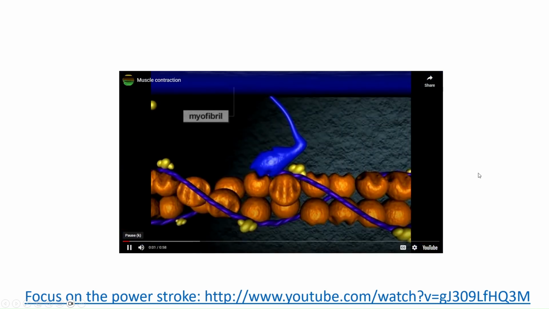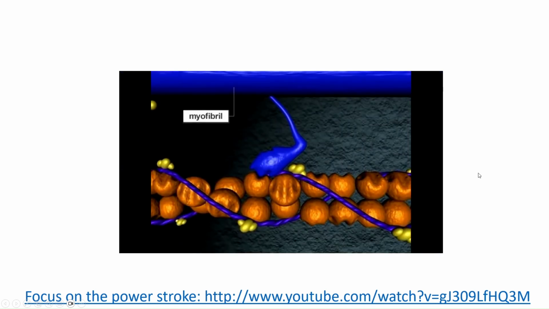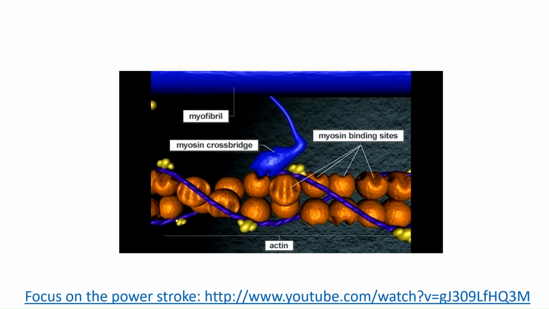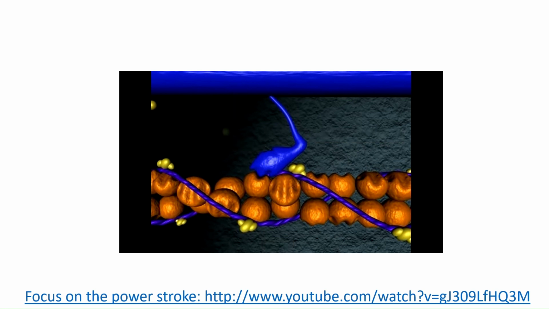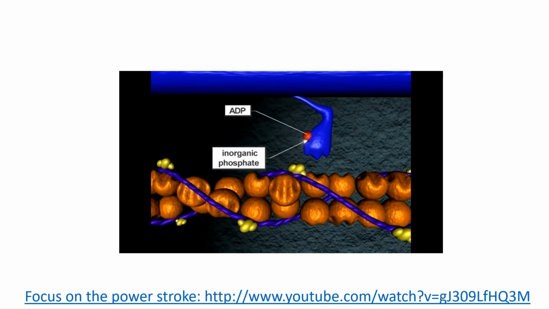With calcium elevated around the myofibrils, myosin binding sites on the actin are exposed, allowing interaction of the myosin cross-bridges, releasing the myosin cross-bridge with ATP. After ATP binds, it is split to ADP and inorganic phosphate. The energy derived from this reaction is utilized to cock the cross-bridge in preparation for the power stroke.